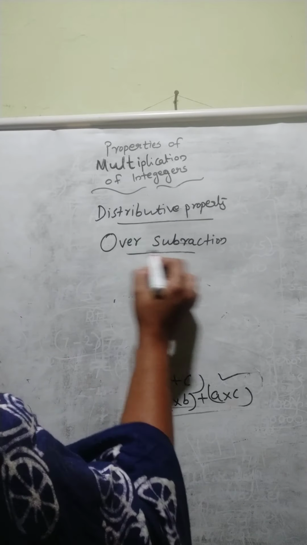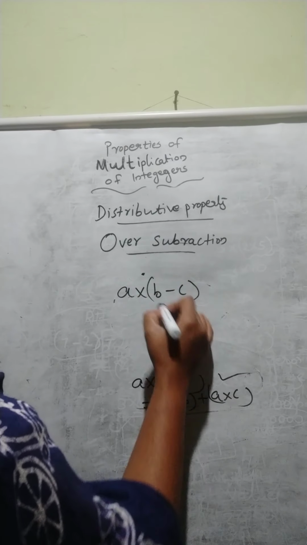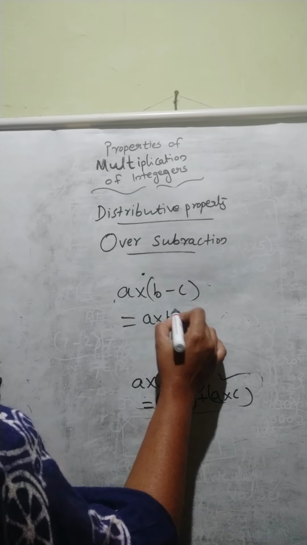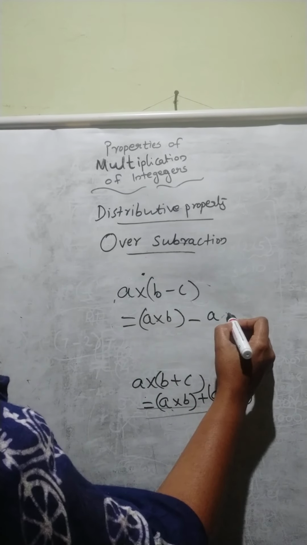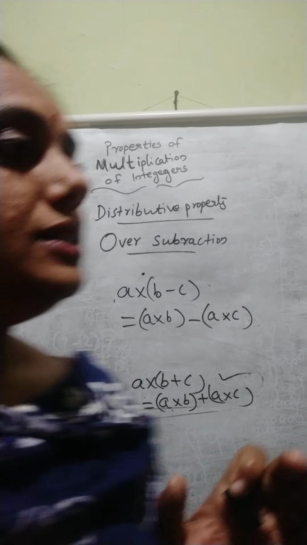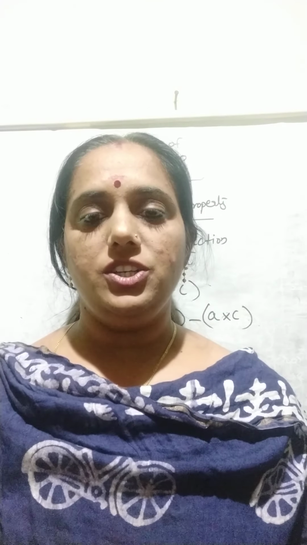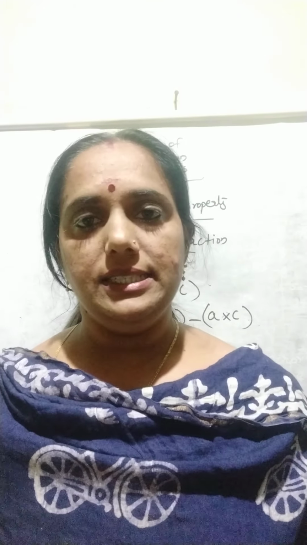Then in case of subtraction, A multiplied by B minus C is equal to A multiplied by B minus A multiplied by C. These are the properties of multiplication of integers.